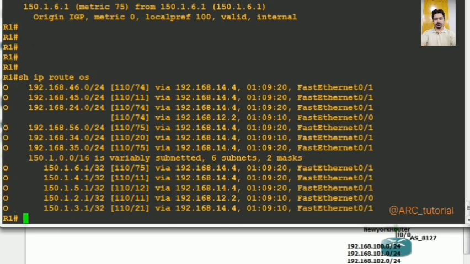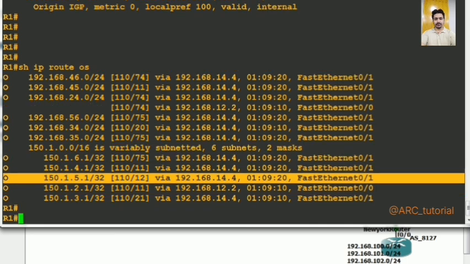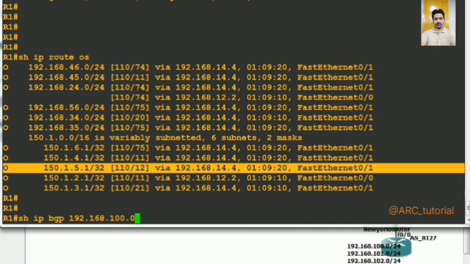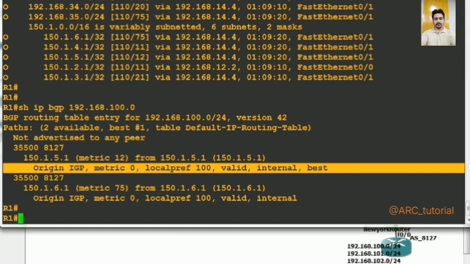Check it out. 75 and 12. Any problem? So that is why for BGP its best path is via R5. Done.